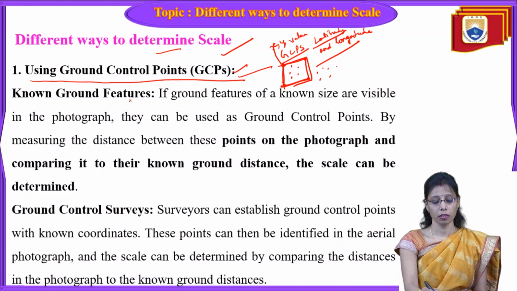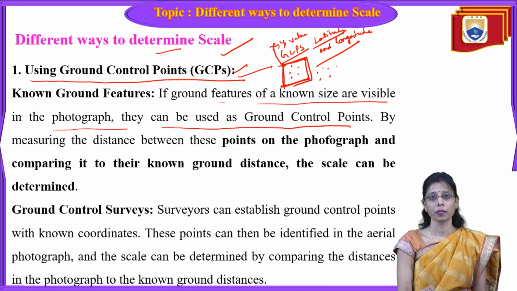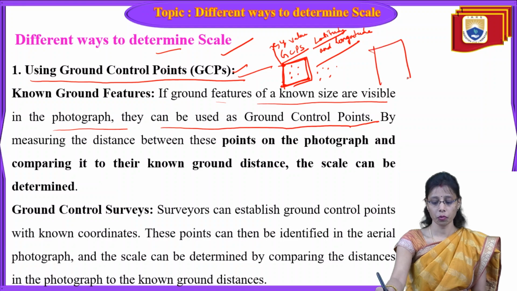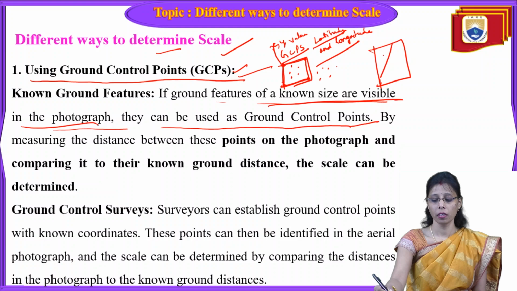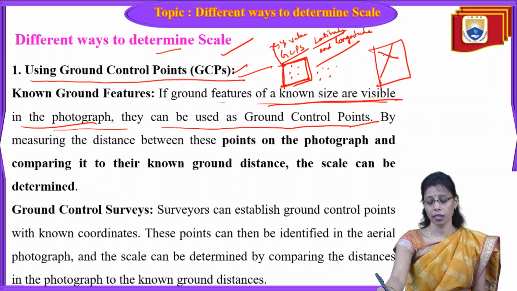Known ground features: if ground features of a known size are visible in the photograph, they can be used as ground control points. If you do not have a device and are unable to mark the ground control points, you have to find the known features visible in the photograph, like a road and railway crossing, 2 roads crossing, a T junction, or a Y junction.